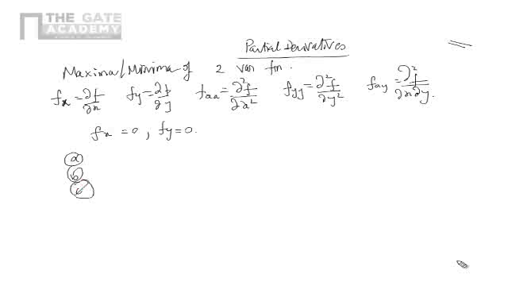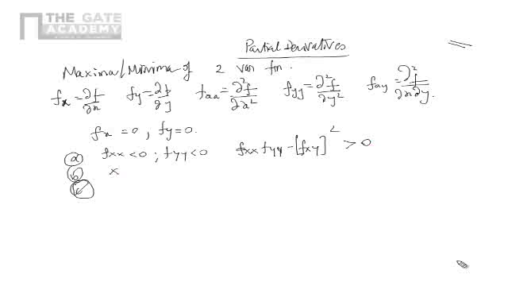First case is fxx less than 0, fyy less than 0, and fxx into fyy minus fxy the whole square is greater than 0.